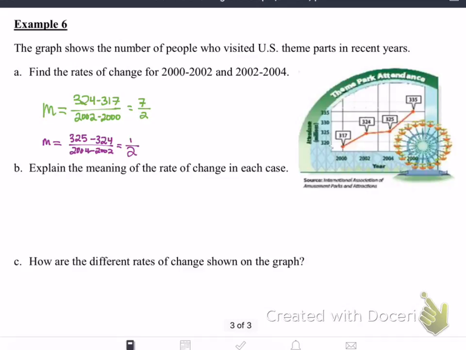There is my rate of change between 2002 and 2004. Letter B says the same thing. Explain the meaning of the rate of change in each case. So in our green case, which represented the years 2000 to 2002, 7 over 2 is 3.5. So meaning it increased 3.5 million people per year.